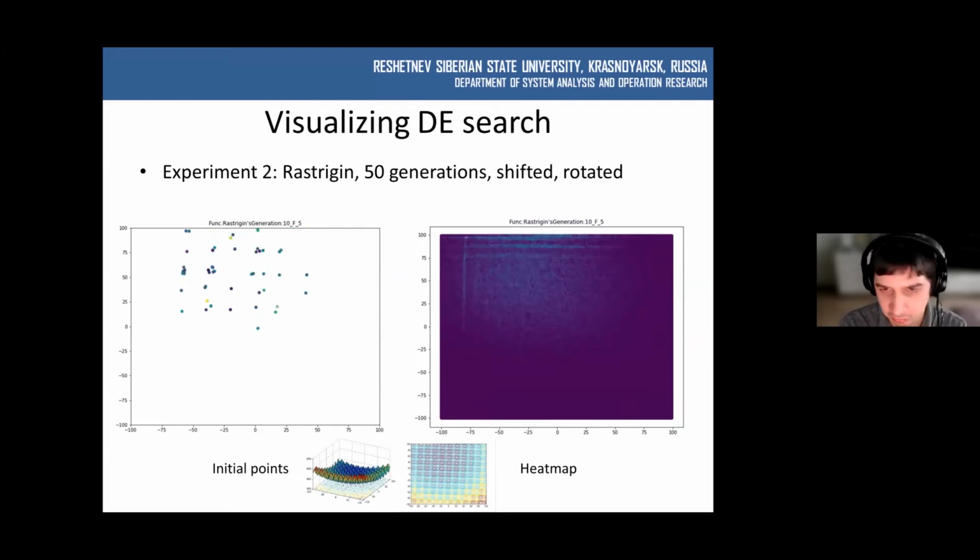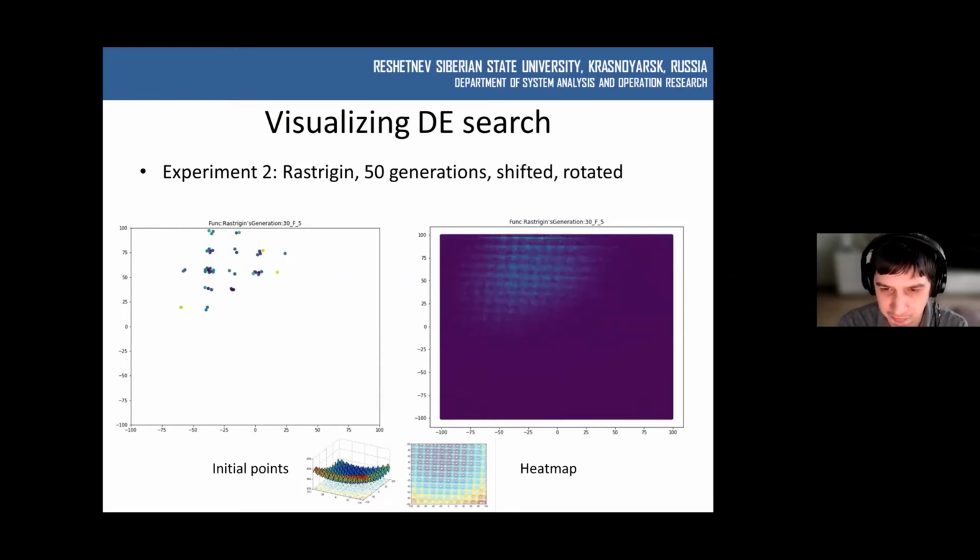This is the rand-1 strategy, the basic algorithm, no crossover at all. On the left part, you can see that at some point, like at generation 25, the points are getting into the local optima. Of course, some of them are very close to the global optimum, but most of them are aligned with the points on the graph.